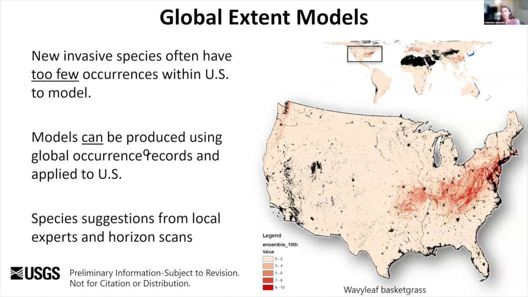New invasive species often have too few occurrences within the US to model, but we can make models using global occurrence records and then apply those to the US.